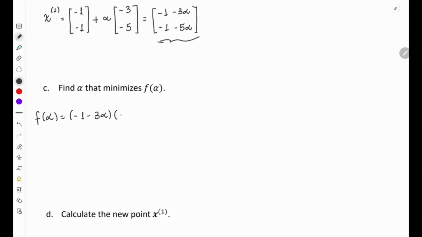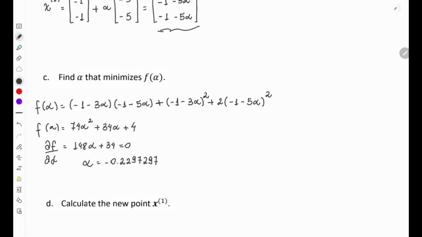So for the first iteration, the first line is our variable x1, and the second line is our variable x2. We take these equations and replace them in our original function, and that way we can find our function for alpha.